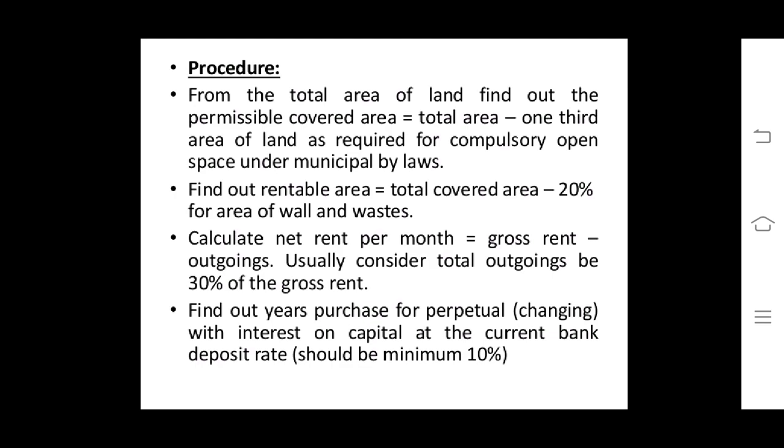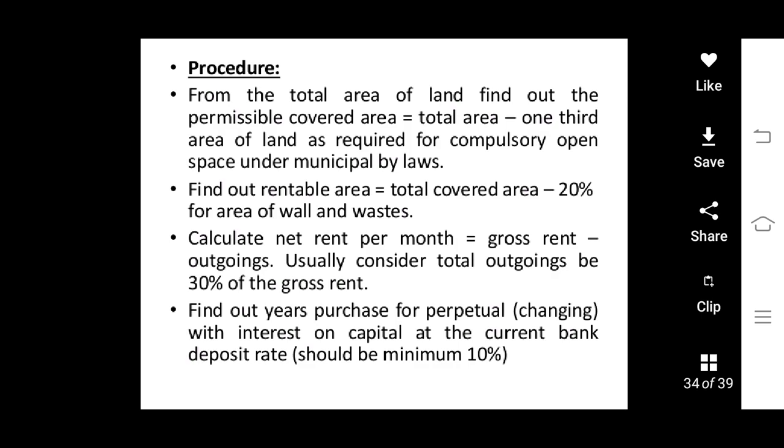Procedure: first, from the total area of land, find out the permissible covered area. Total area minus one-third area of land as required for compulsory open space under municipal bylaws. Second, find out the rentable area, which is equal to total covered area minus 20% area of walls and wastes.